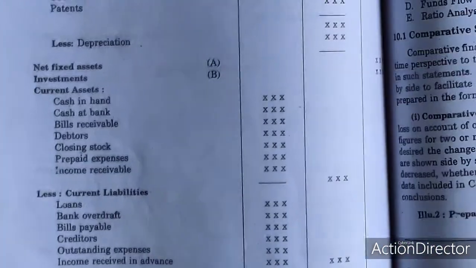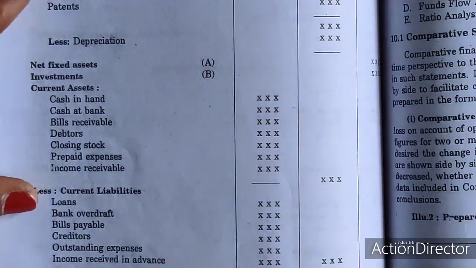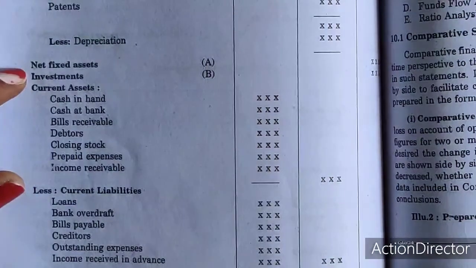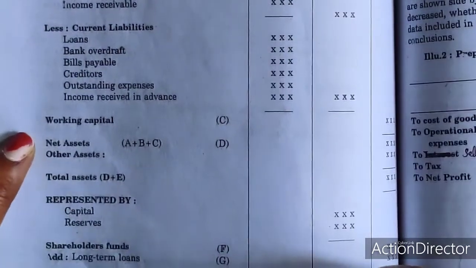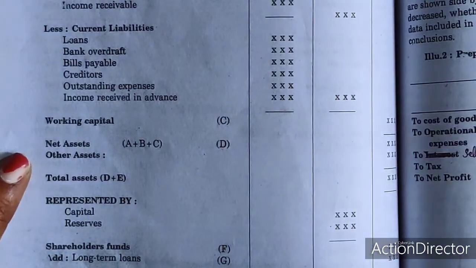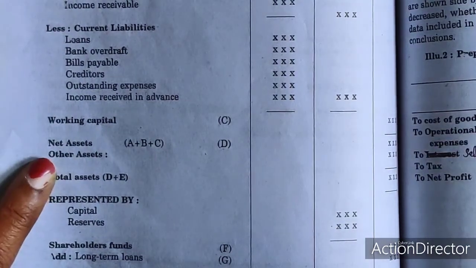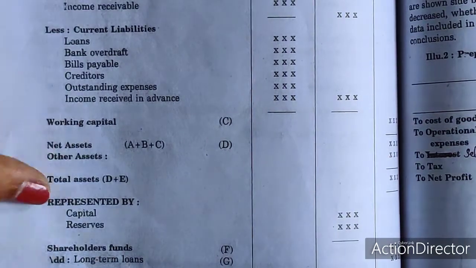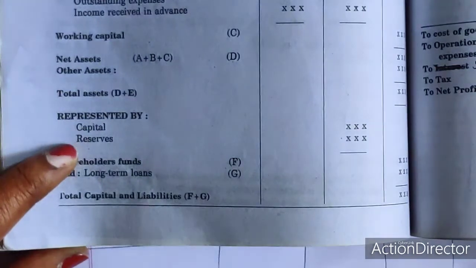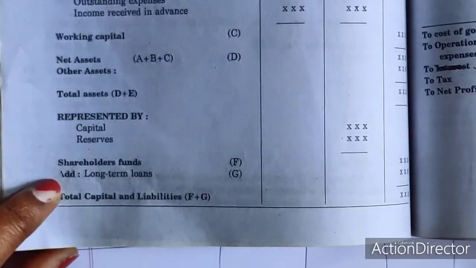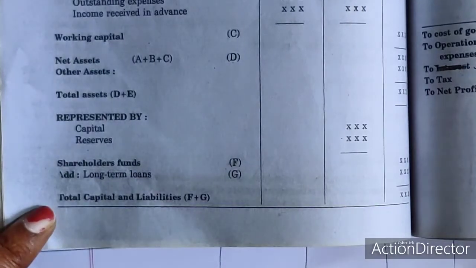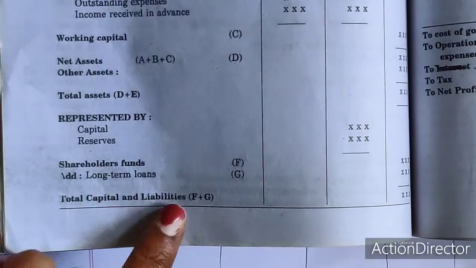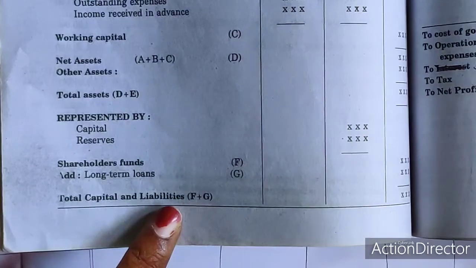Then we add the net fixed assets, investments, working capital and any other assets to find the total assets. On the liability side we add capital, reserves, long term loans, shareholders funds, like that.